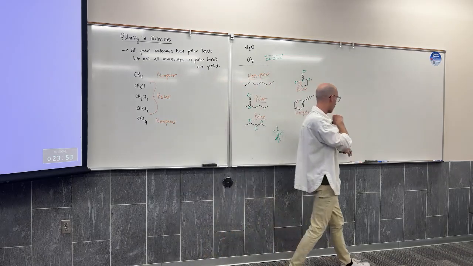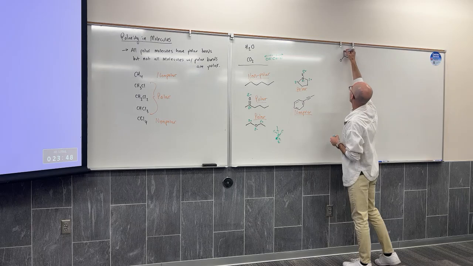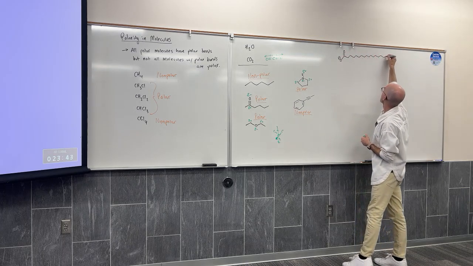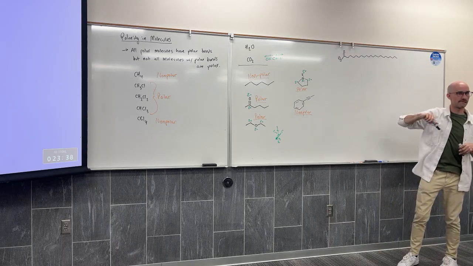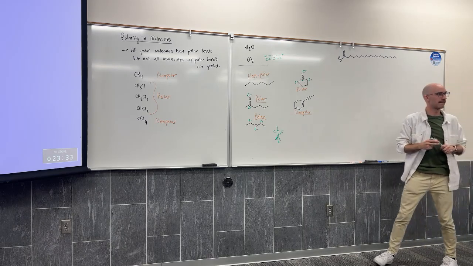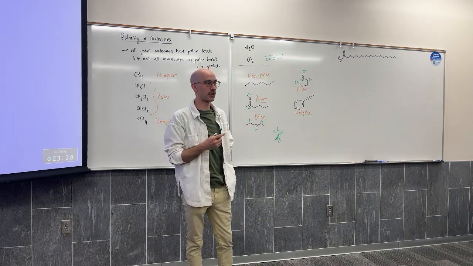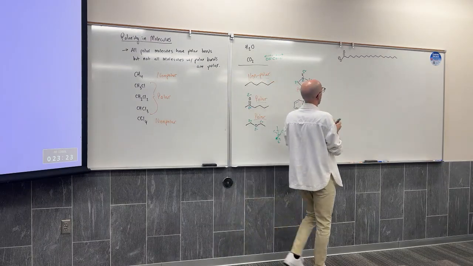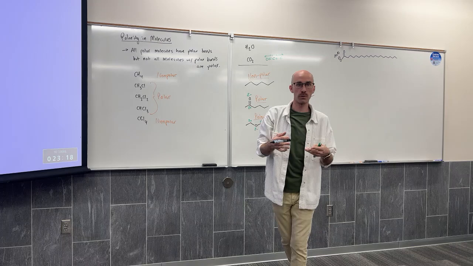I was mentioning some molecules have this split between what they can interact with. Anybody know what this molecule is? I guessed at the number of carbons, to be quite honest, but this might be something that you find in your soap. Soap has this ionic region, very polar, interacts really well with water.